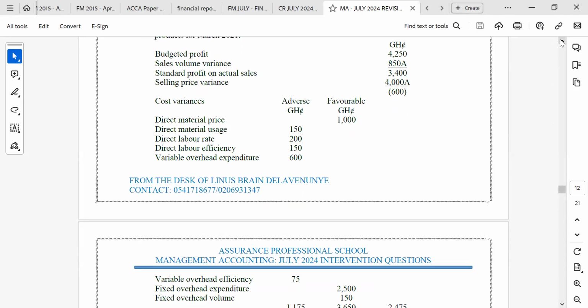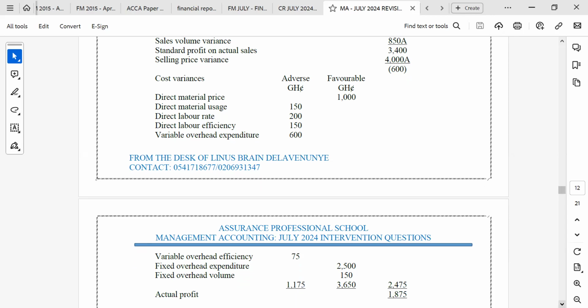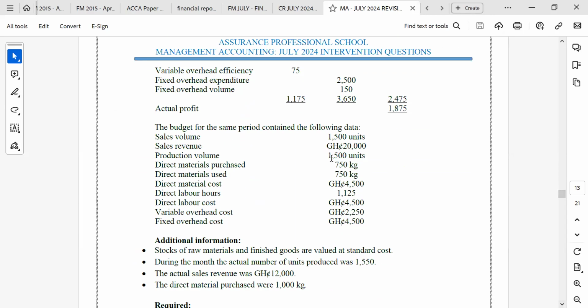So the budgeted profit per unit will be 4,250 divided by the quantity that you are selling, 1,500. Don't approximate. Those who are using a calculator, what fraction is given to you?